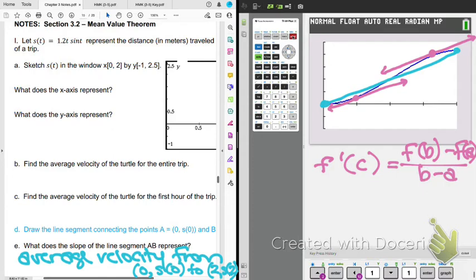This is part I. I don't want to lose my graph, so I'm not moving it. Are we all okay with that conclusion? There is a point on this where our instantaneous velocity is equal to our average velocity, at least one for this particular graph.